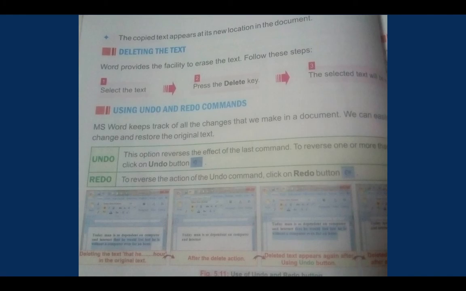So these are the different shortcut keys and features in MS Word. Try to implement the shortcut keys wherever you need them. You can use them anytime in any application.